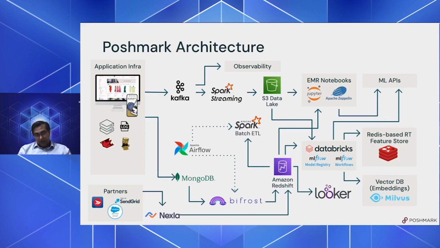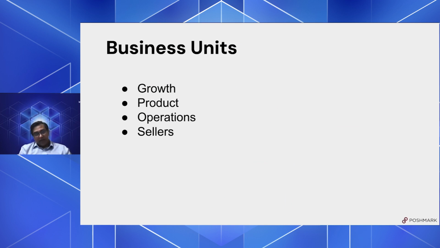As you can see, we use a wide range of technologies, languages, and databases. So how does all of this come together and support our business? I will talk about how data and AI are used by different business units.